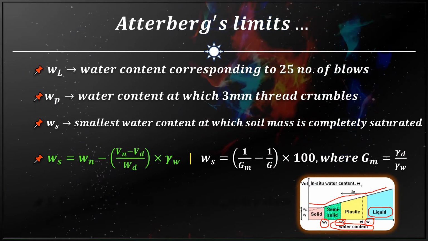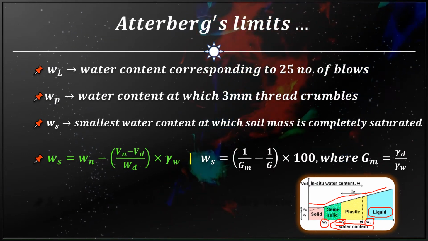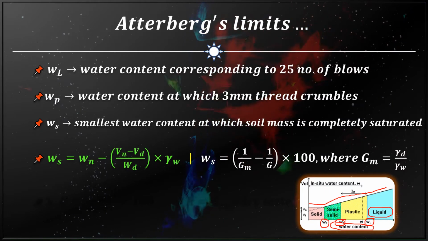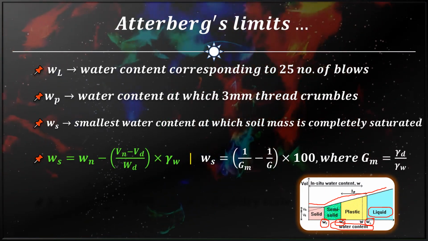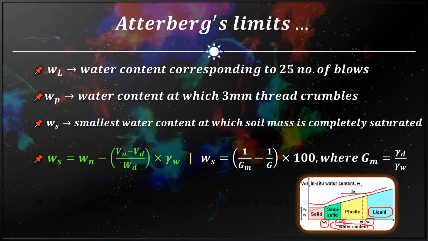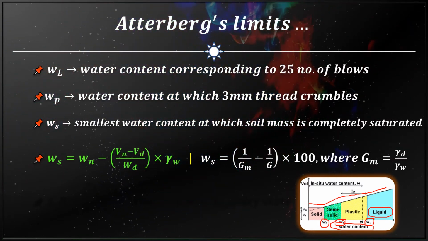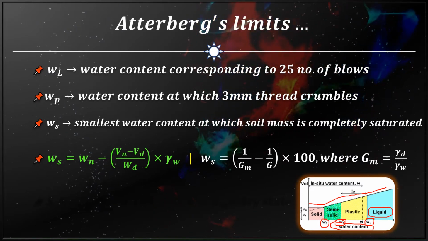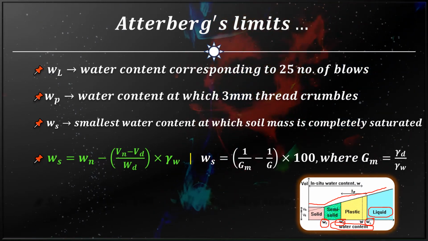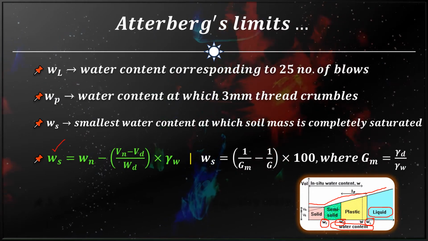So WS, that is the shrinkage limit, is equal to Wn minus (Vn minus Vd) by Wd into gamma W. This is an important relation regarding shrinkage limit. By knowing the natural water content and the properties of the dry sample, that is the volume of the dry sample and the weight of the dry sample, we can get this shrinkage limit value.